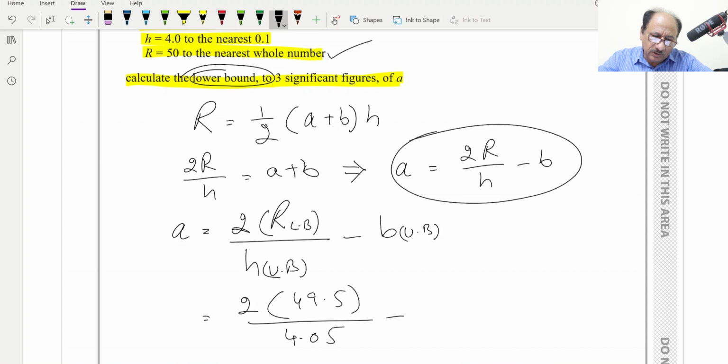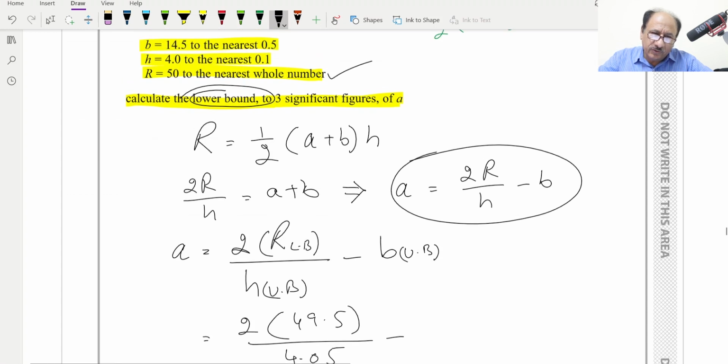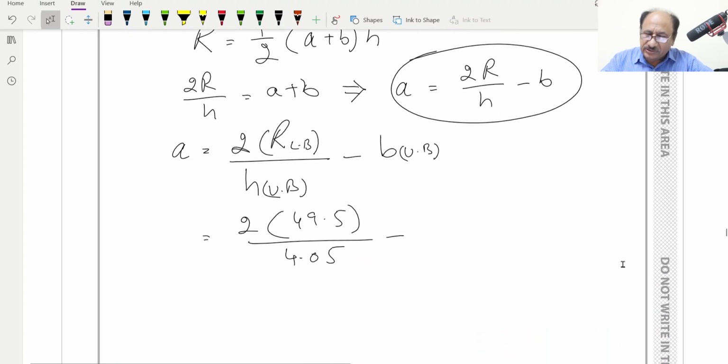The upper bound of b will be 14.5, to the nearest 0.5, 14.5, plus or minus 0.25. So for the upper bound we will be adding, and we will get 14.75, so it will be 14.75.